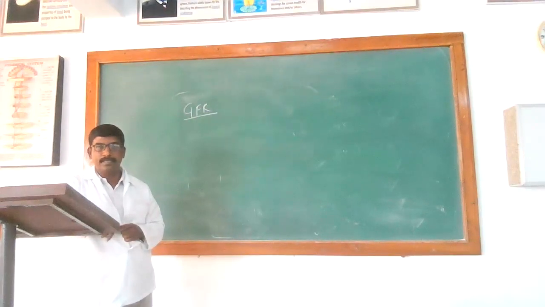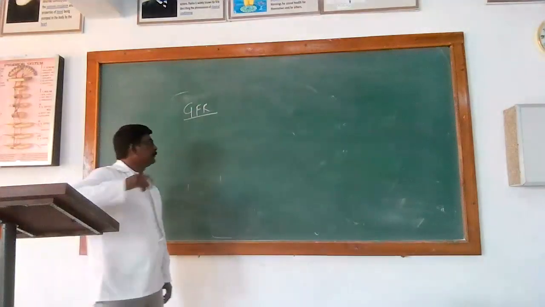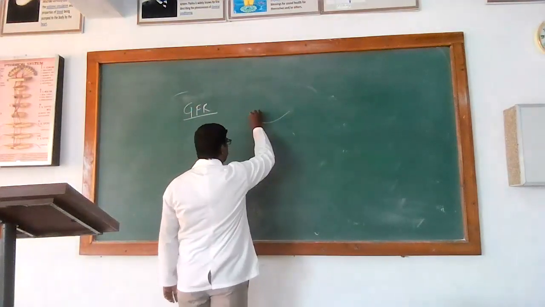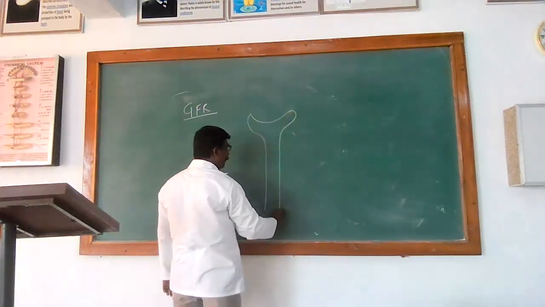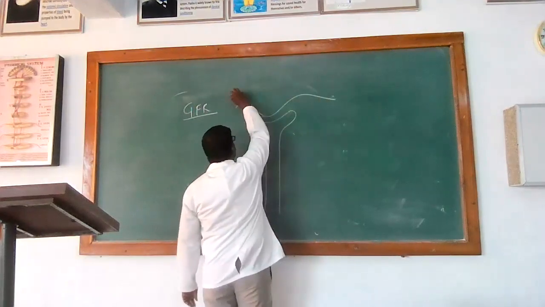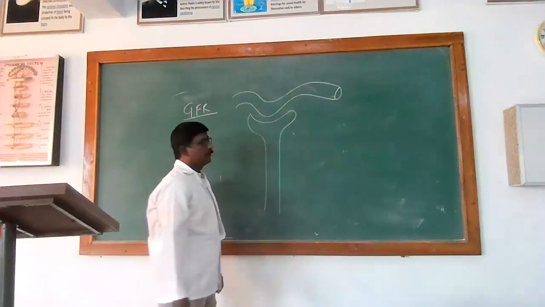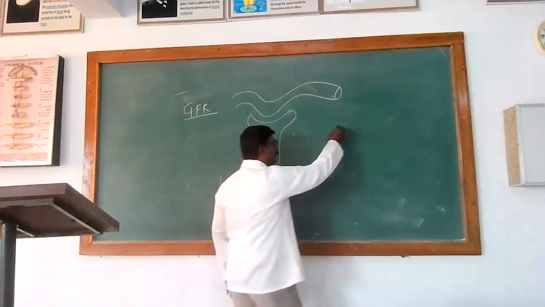Cardiac output is about 5 to 6 liters per minute. Here is the nephron, here is the glomerulus.